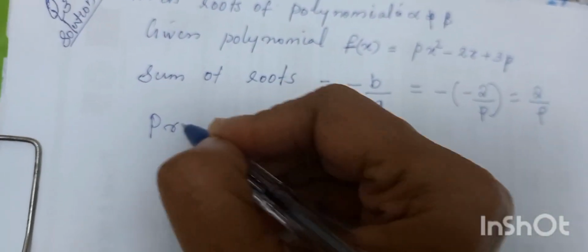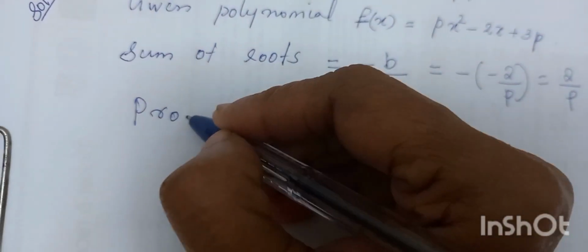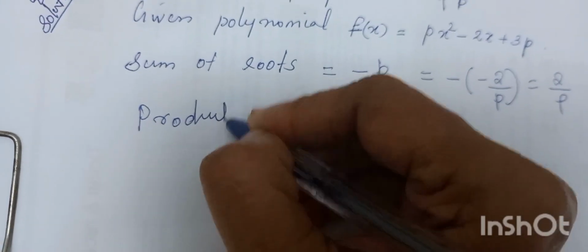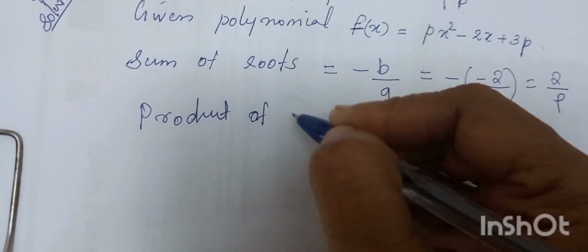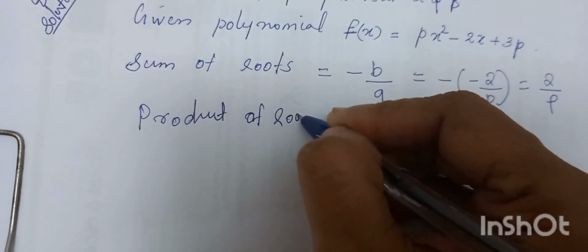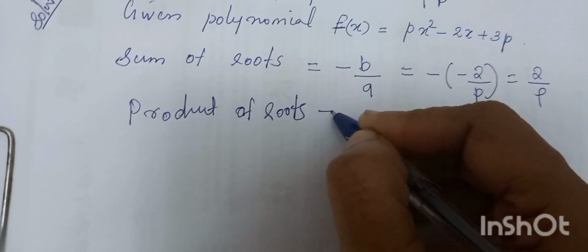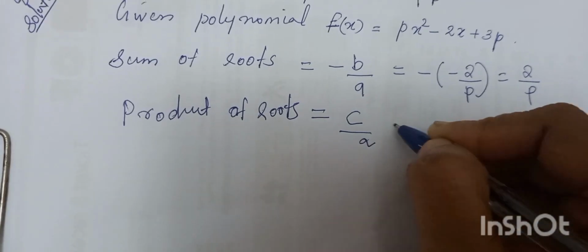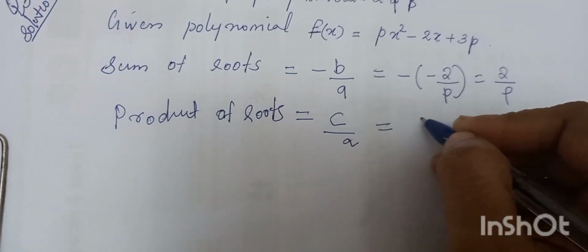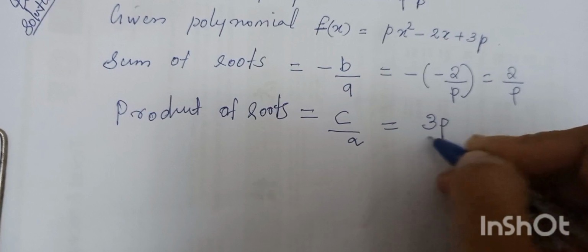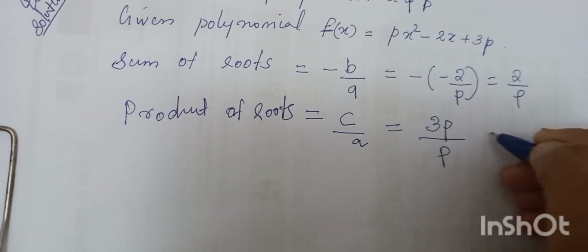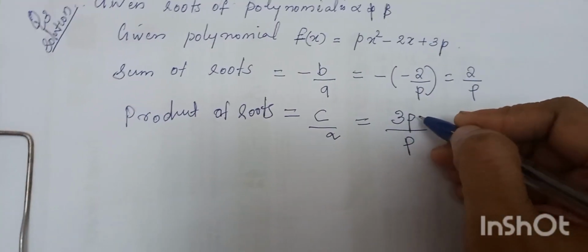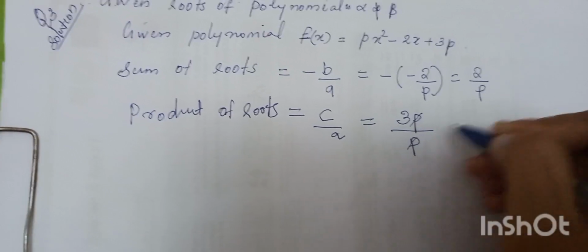Product of roots is equal to c by a, which is equal to 3p by p, which is equal to 3.